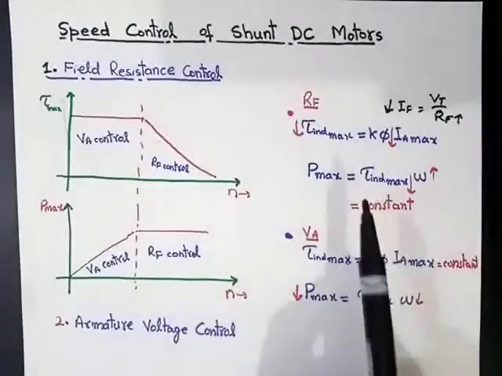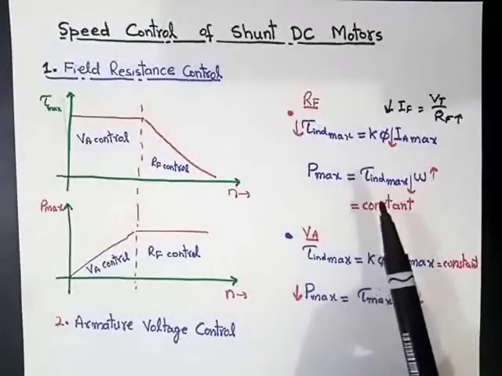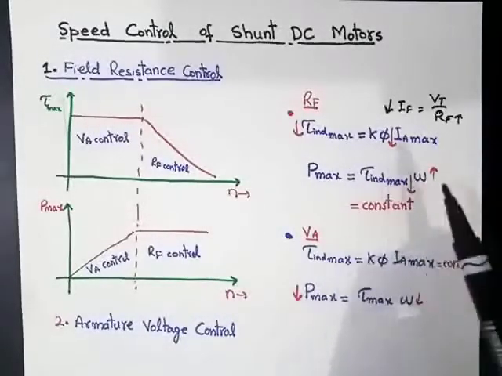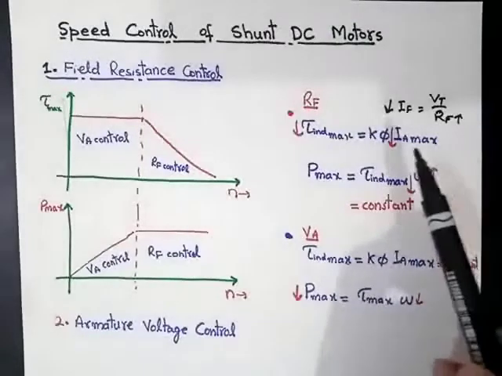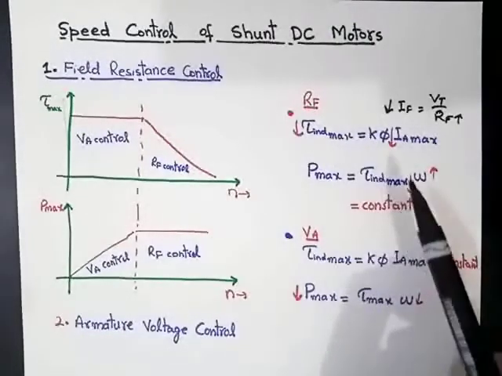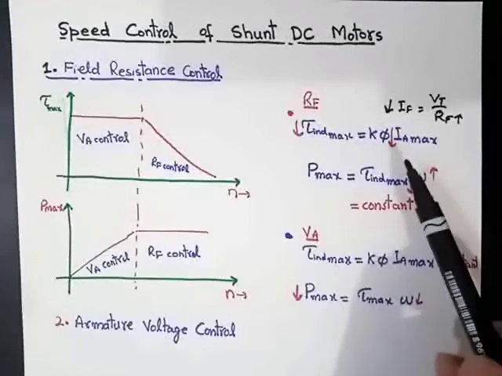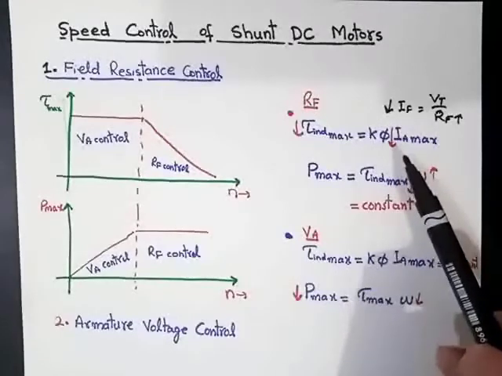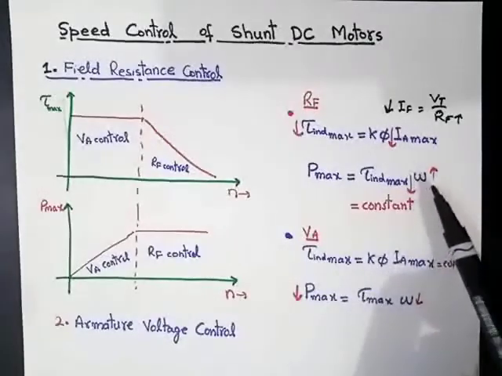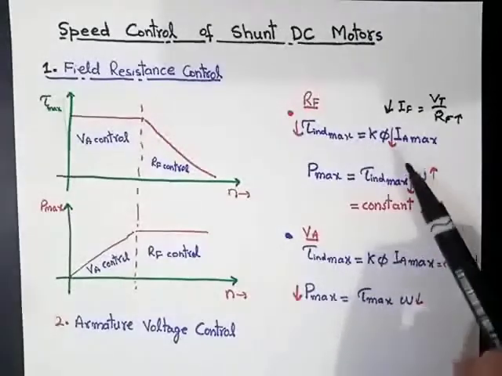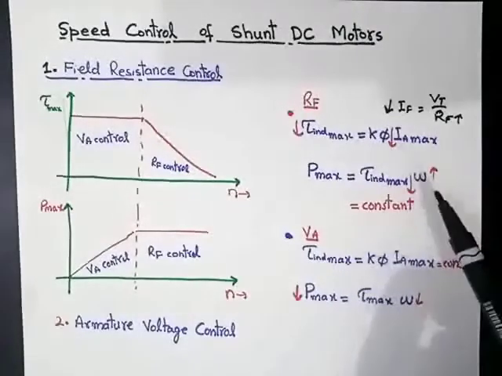Now we will discuss the maximum power graph. As we have already discussed, the relationship between flux and speed is inversely proportional. When the flux decreases, the speed will increase.